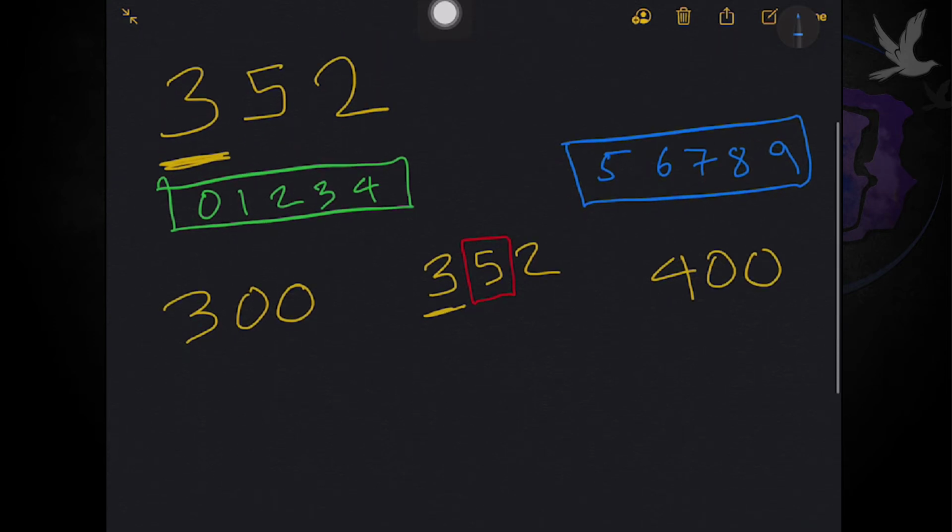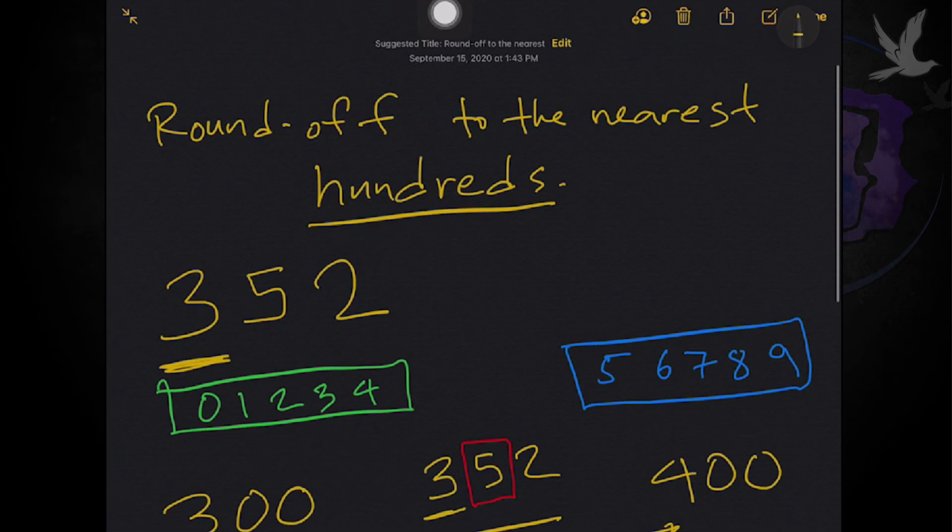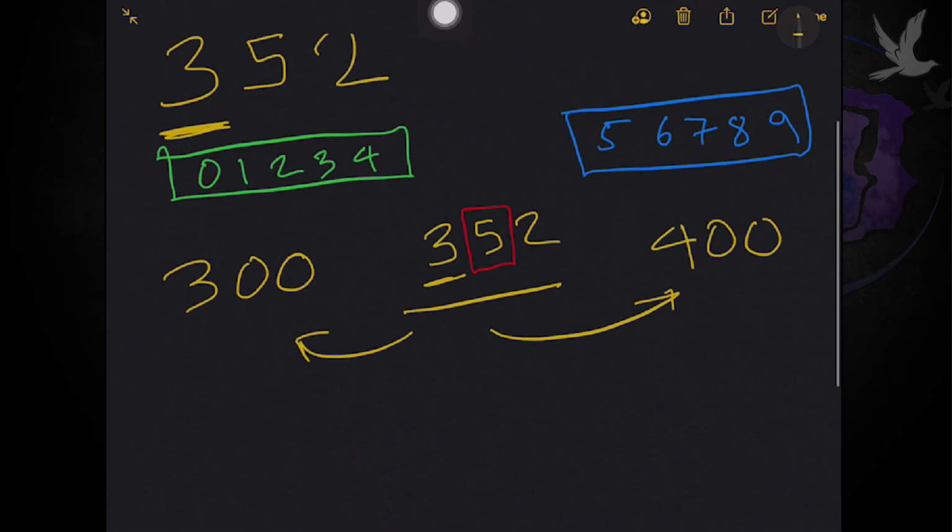Okay, so you notice that in our example earlier, 352 is in between 300 and 400. To round it off, we need to make use of the digit before what we are looking for, which in this case is hundreds. Since it is in hundreds, we are going to make use of the digit before that, which is tens, which is 5.